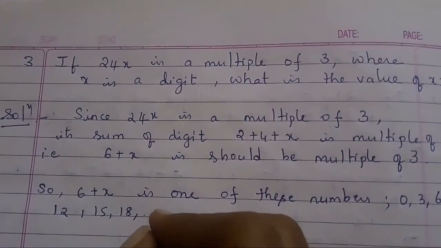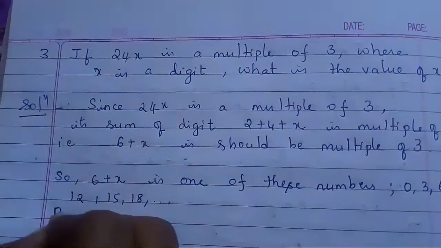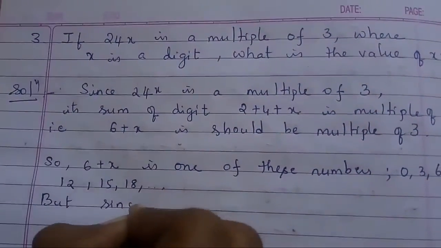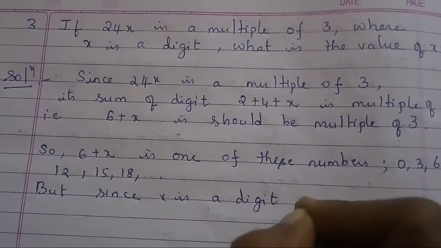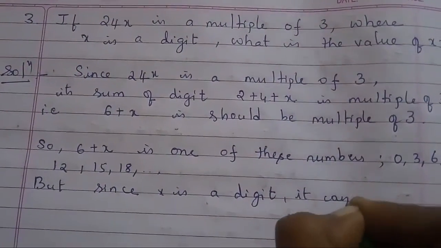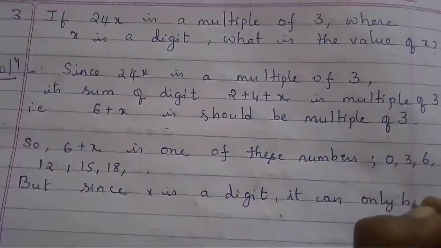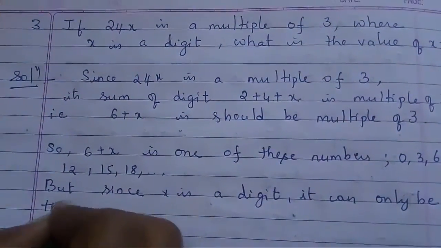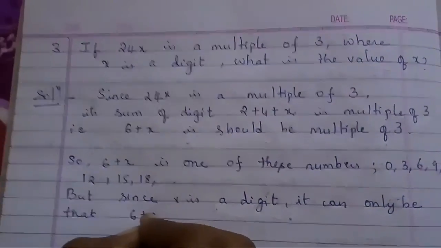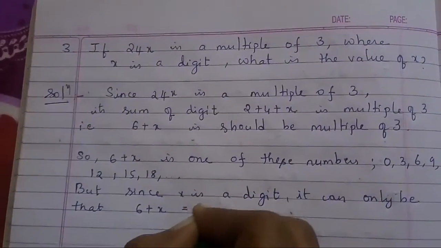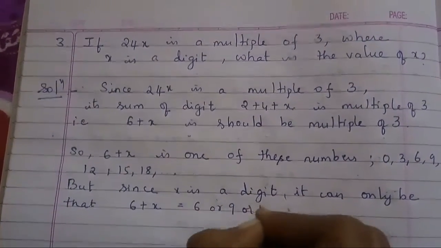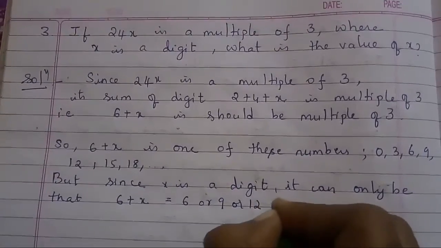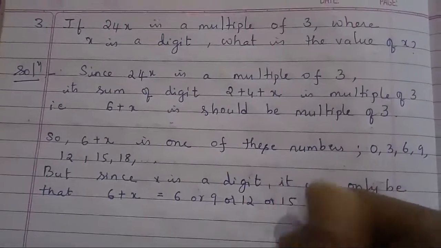But since x is a digit, it can only be that 6 plus x is equal to 6 or 9 or 12 or 15.